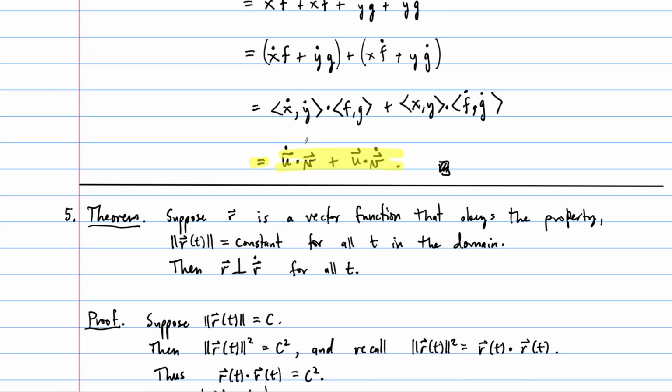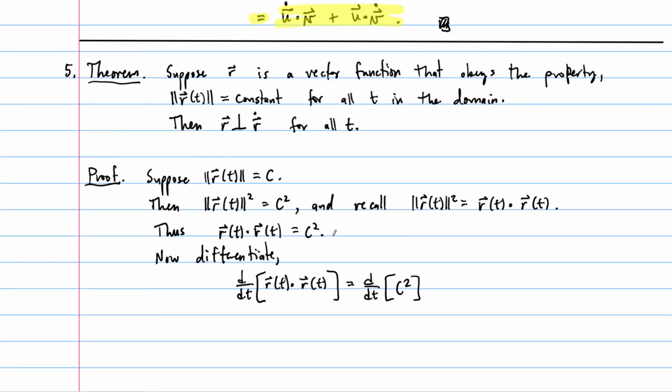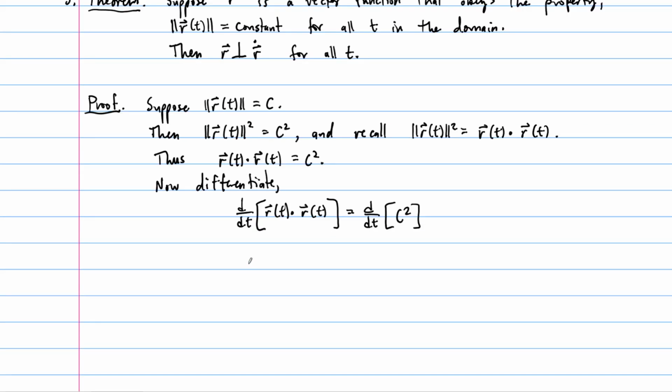It's got to obey this derivative rule that we just proved, right? And so on this side, this is going to be r dot dotted with r plus r dotted with r dot. Just apply the product rule. It doesn't matter that these are the same function. You have to still apply the product rule, right? And on this side, the derivative of a constant is just 0.